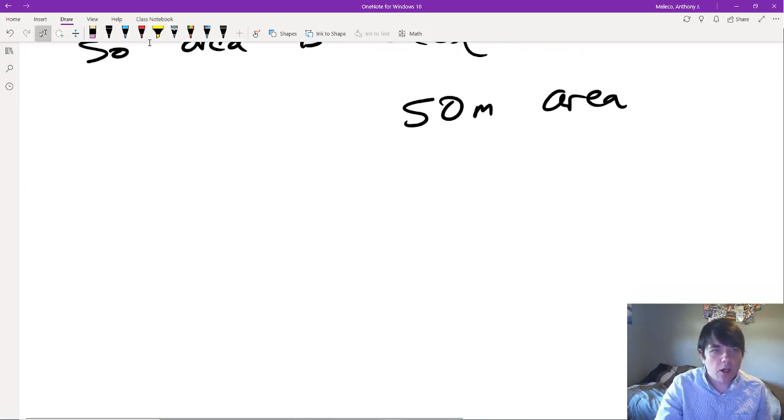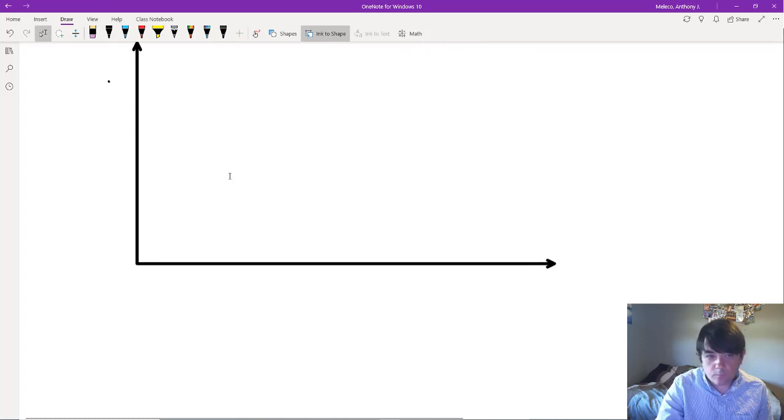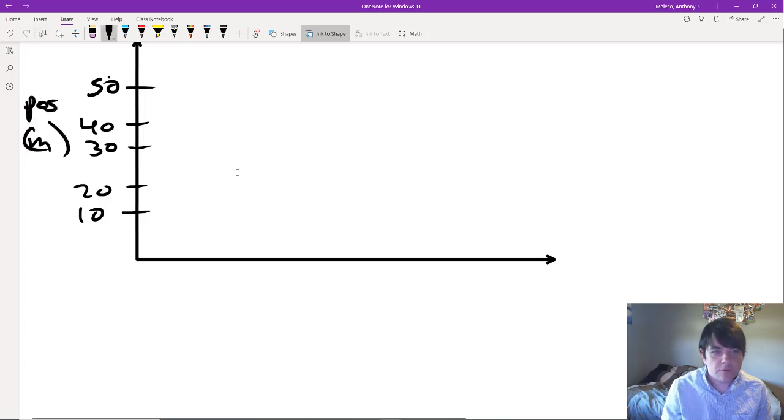And so when we plot our line, this is 10, 20, 30, 40, 50 meters. This is position in meters, and this is time.